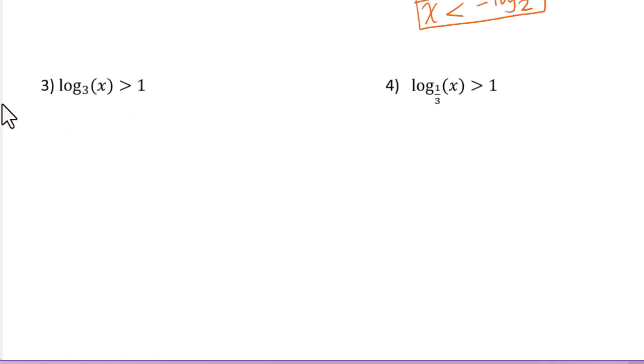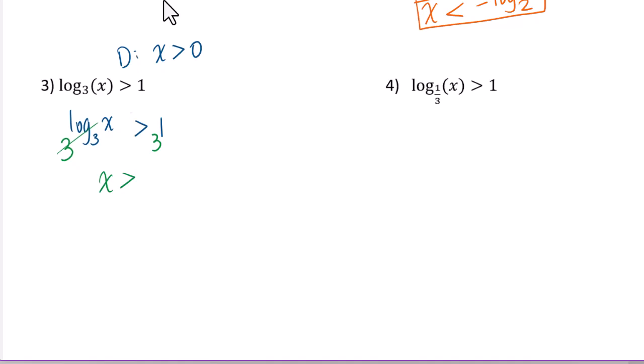3. This is a logarithm inequality. Check the domain: x greater than 0. Log base 3 of x greater than 1. Since the base of this log, 3, is greater than 1, we can add base to both sides. x greater than 3 to the first power, which is 3. We can combine these two inequalities.